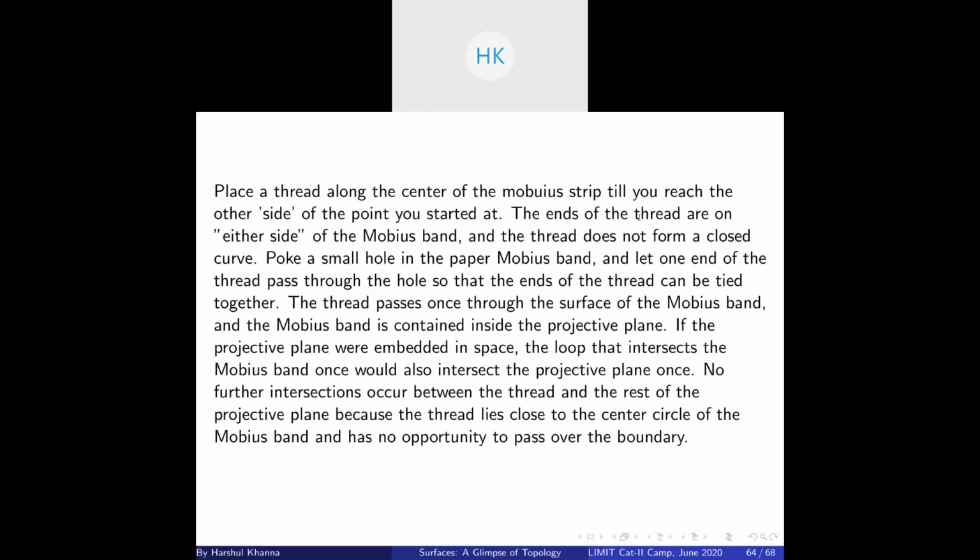Now the ends of the thread are on either side of the Mobius band, actually either side of the paper, and the thread does not form a closed curve. Now what you do is basically poke a small hole in the paper and let one end of the thread pass through the hole so that the ends of the thread can be tied together. So basically you can imagine what you have, right?